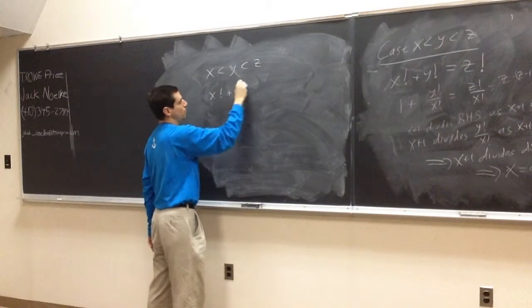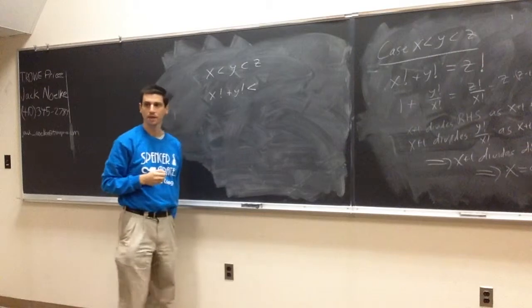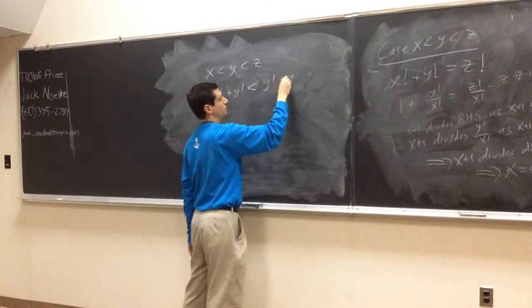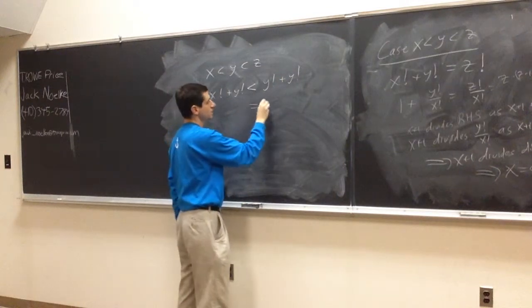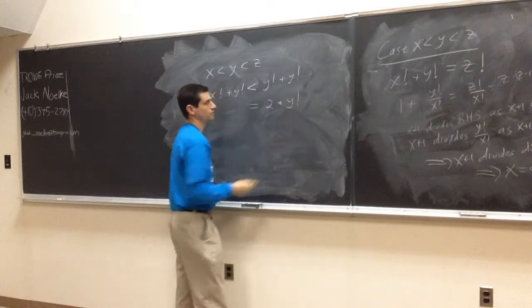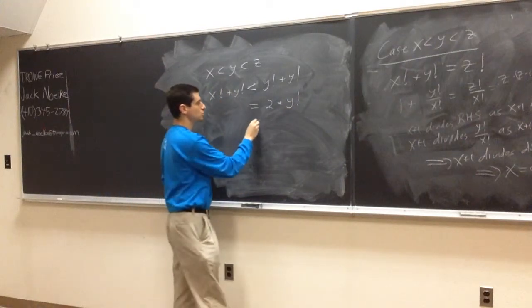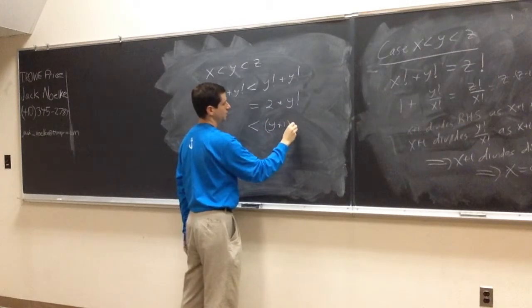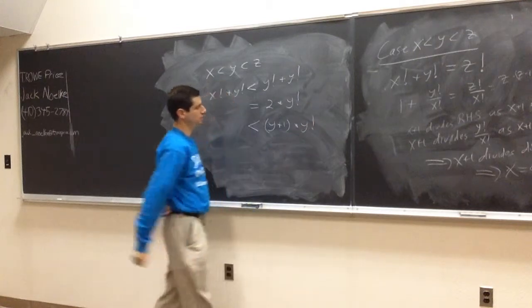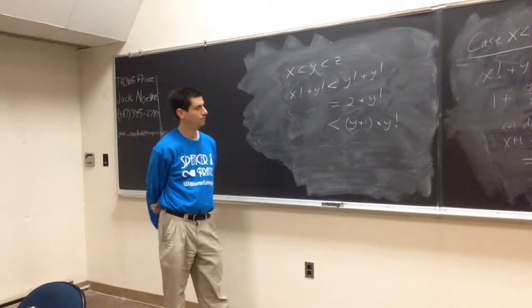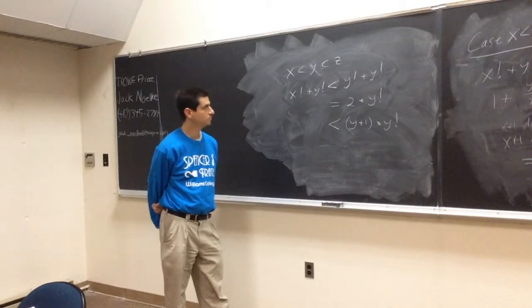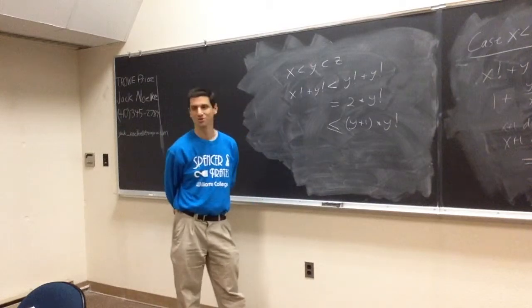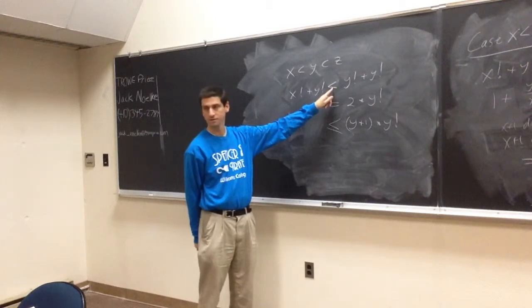x factorial plus y factorial is going to be less than y factorial plus y factorial. This is 2 times y factorial. This is going to be strictly less than y plus 1 times y factorial, if what is true? Y is greater than or equal to... actually, let's be willing to do a less than or equal to, because we've already got a strict inequality here.